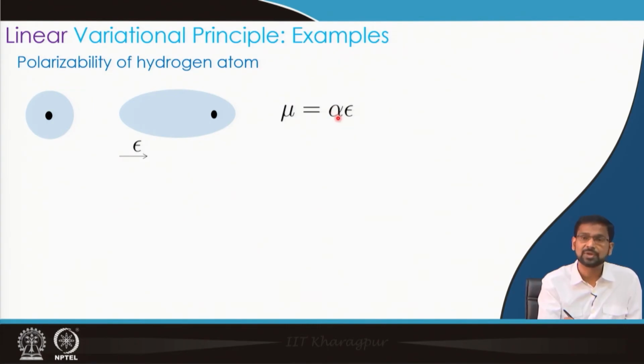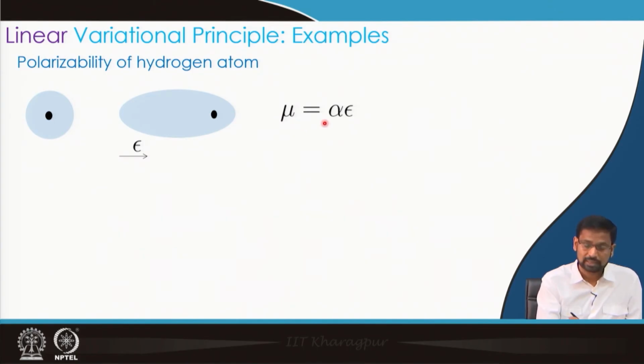This tells me how easily I can polarize this particular atom. That means, by applying very little energy, a very little electric field, can I induce a dipole moment in this atom? If I can induce a strong dipole moment by applying a very weak electric field, that means this system has good polarizability.